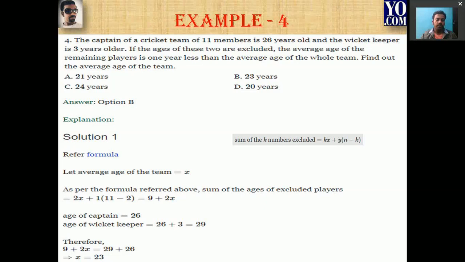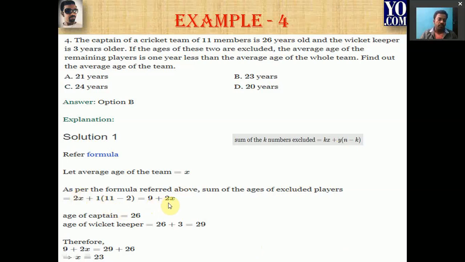Then y is 1, that means y is the increment after excluded, that is 1 year increased. Then n is 11, and k is again 2. You substitute all the values here.